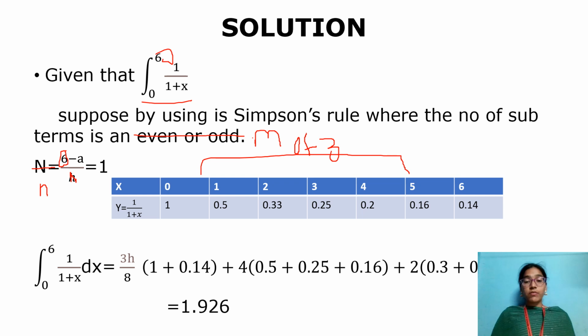So up to 6 we continue the tabular column: 0, 1, 2, 3, 4, 5 and 6.